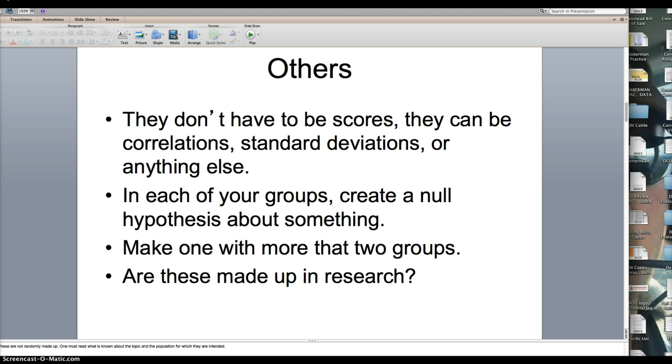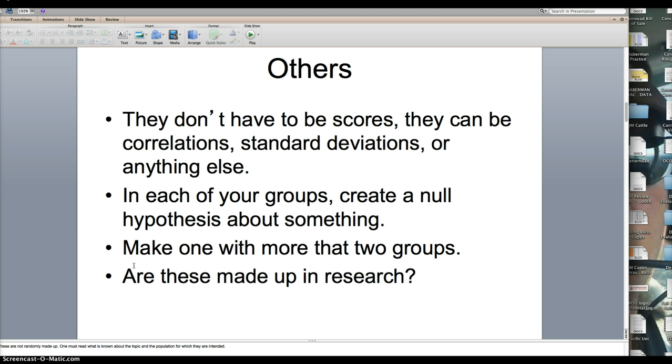You could say there's no relationship between reaction time and problem solving. So that's an example of a correlation. You could say there's no difference between white and African American families and the amount of assistance offered to their children in school-related activities. And what you're trying to do is determine whether or not you can reject that hypothesis.